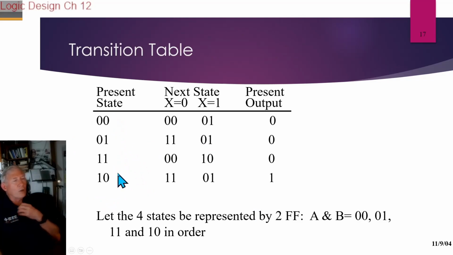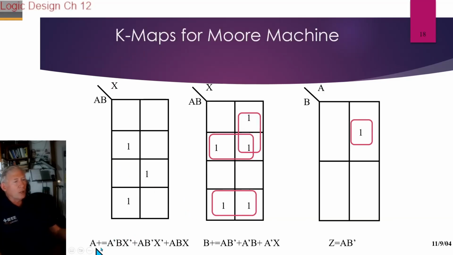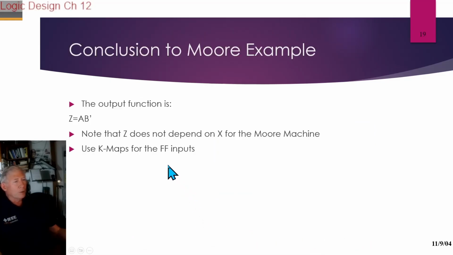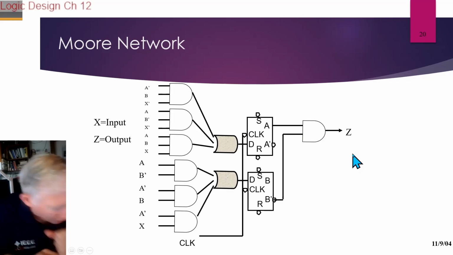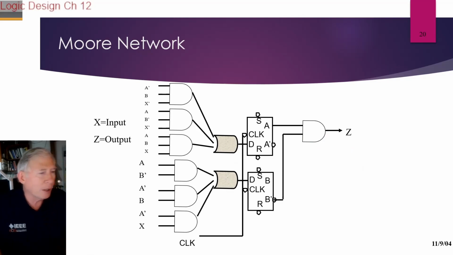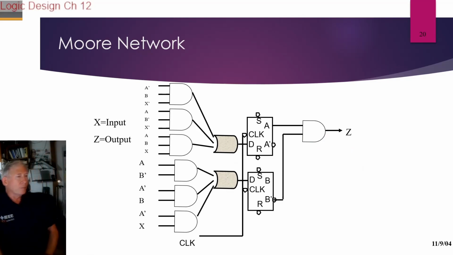We were kind of tricky. Notice we have one whole more state. We have 4 states in the Moore. We only have 3 in the Mealy. And look at our hardware. Look at all the hardware we've got for this problem now. 2 flip-flops, but we've got a whole bunch of gates. 1, 2, 3, 4, 5, 6, 7, 8, 9 gates. A lot more gates than we had in our other one, in the Mealy.